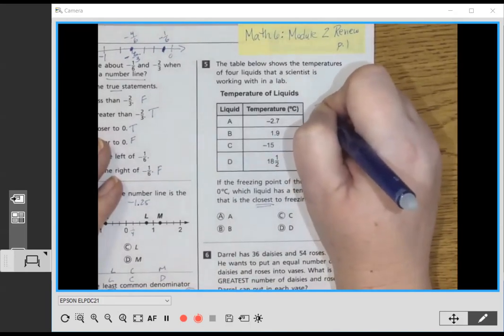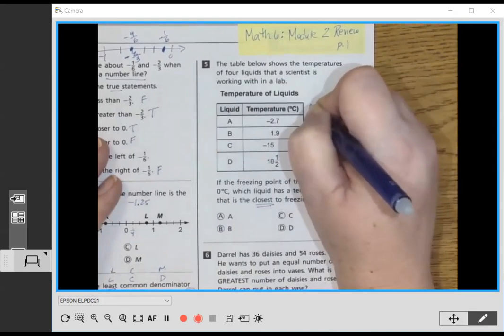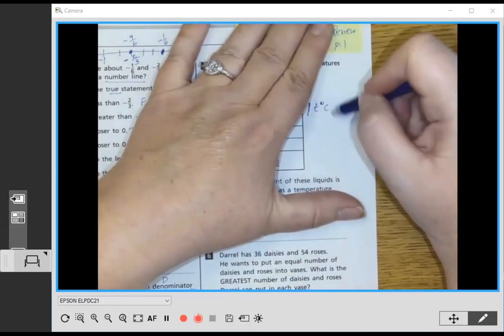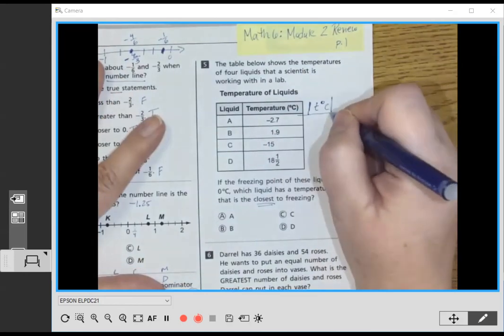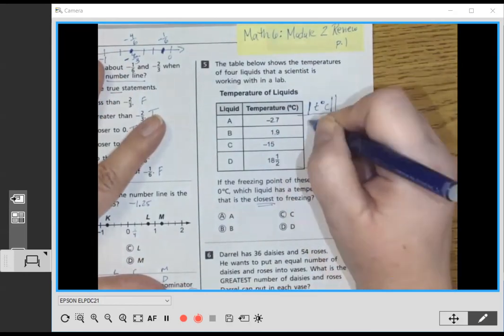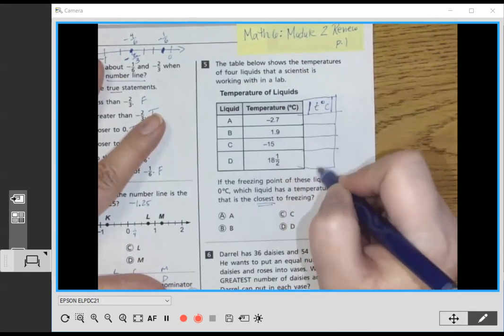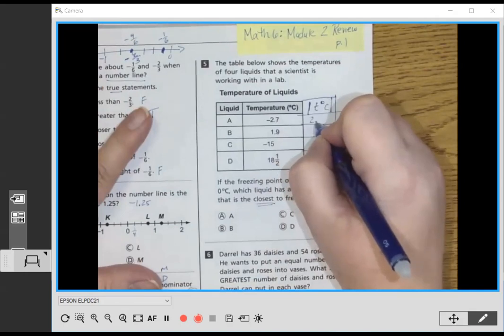So I'm just going to use T for temperature in degrees Celsius. We want the absolute value of each of these numbers, and we'll just add another column here. The absolute value of negative 2.7 is 2.7.